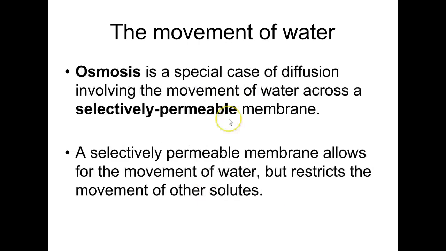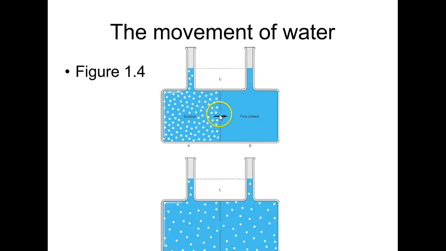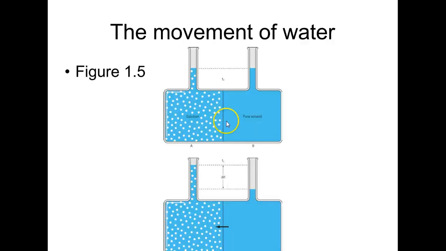Now we have the same diagram here, except this time we have a membrane in place. Okay? What did I tell you about the movement of water? Which way is water going to move? So where's the highest concentration of water? The right side, right? So whatever is solubilized in the water can't move.